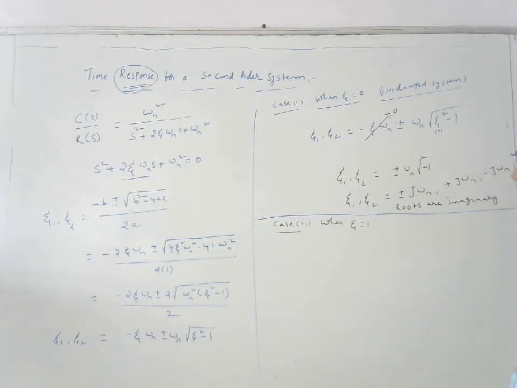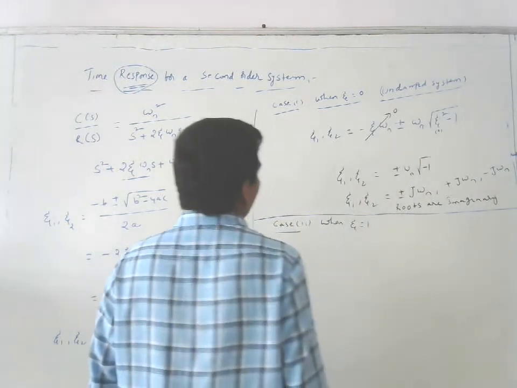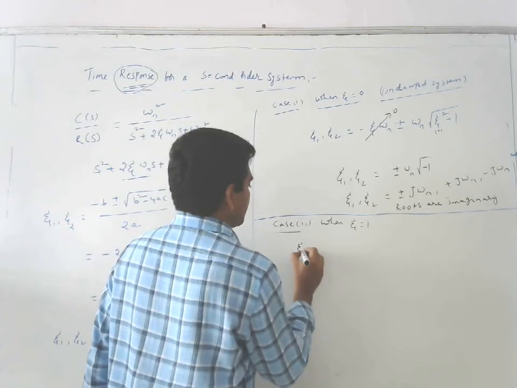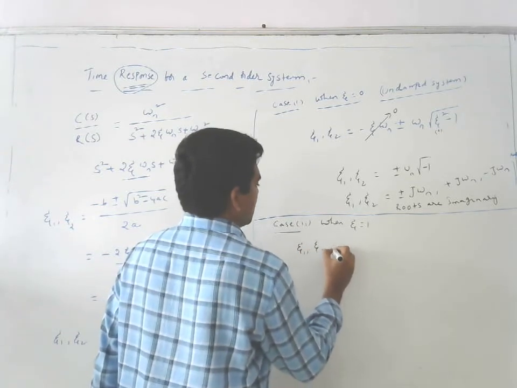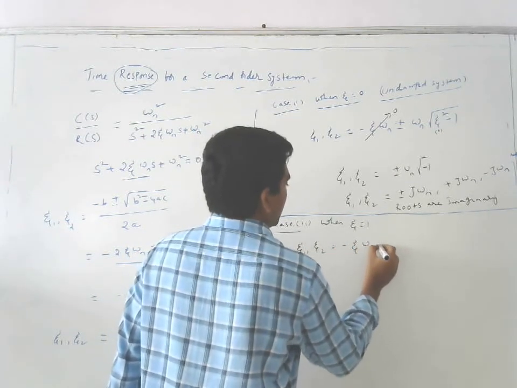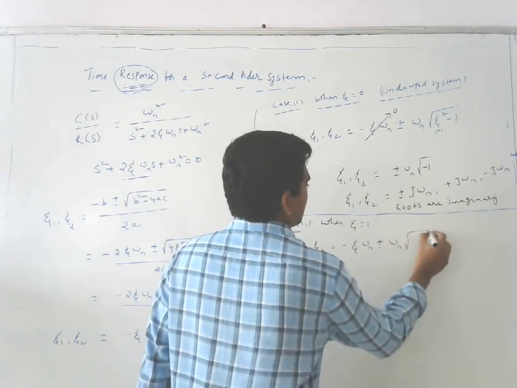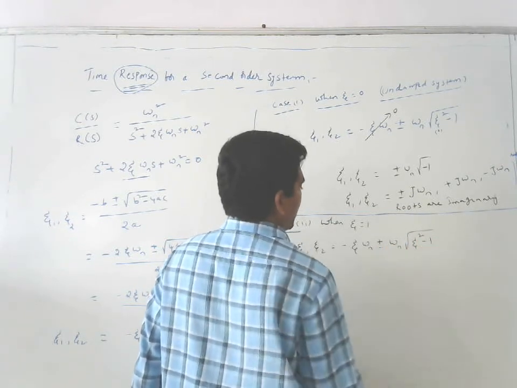Both are completely imaginary. When zeta equal to 1, similarly you need to substitute here: s1, s2 equal to minus zeta omega n plus or minus omega n square root of zeta square minus 1.